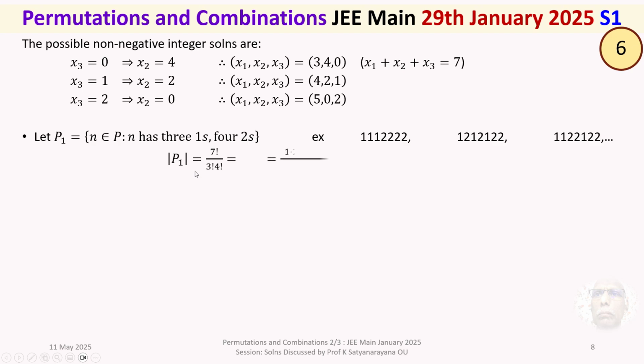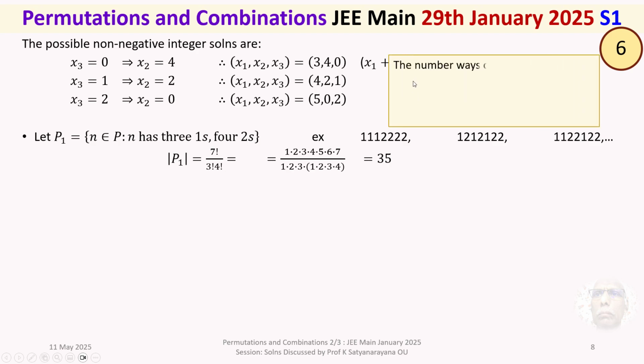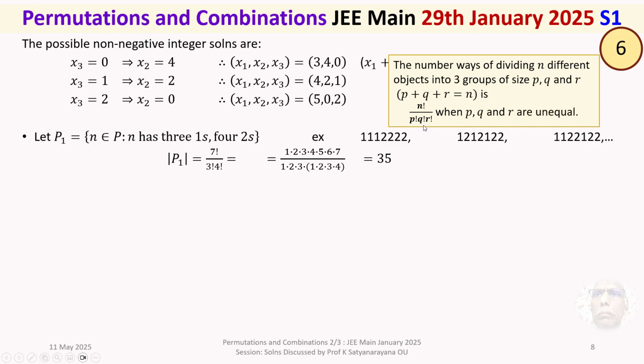The order of P1 is 7 factorial by 3 factorial into 4 factorial. How? Recall the result we have studied: the number of ways of dividing n different objects into 3 groups of sizes P, Q, R, where P plus Q plus R is n, is given by n factorial by P factorial into Q factorial into R factorial, where P, Q, R are unequal.